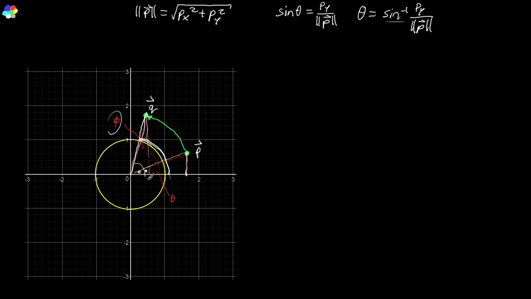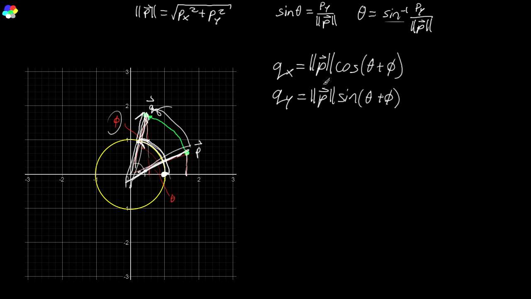So we can use SOHCAHTOA now to calculate the values of sine and cos for Q. So the basic idea is you're going to rotate some point from the standard position here, x equal to 1, by the angle phi plus theta, and then you're going to scale it by the length of Q, which is the same as the length of P, because when you rotate these guys, the length isn't going to change, right? It's going to be the same length.